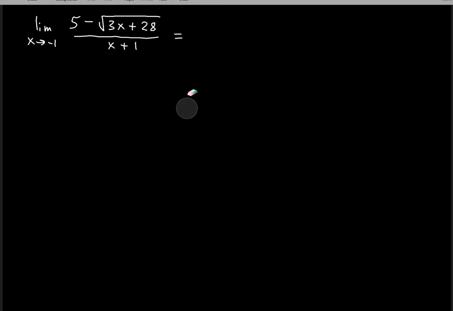So what do we do? The first thing that I would advise to do is to use the conjugate of the numerator and multiply that to the given numerator and denominator. So what I'm saying we need to do, we need to multiply both the numerator and denominator by the conjugate.